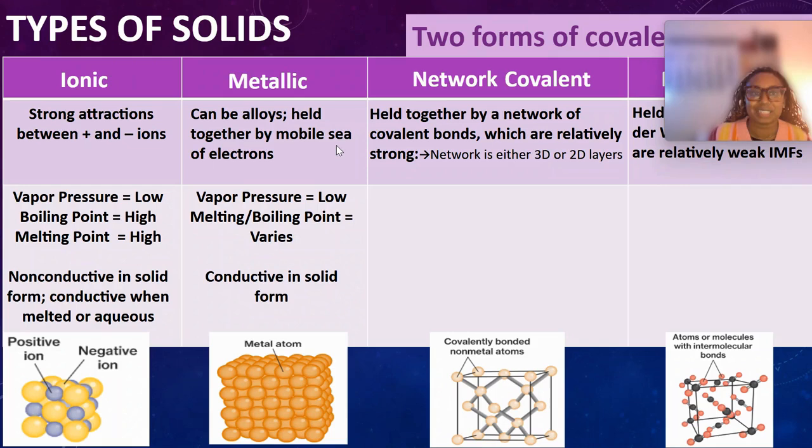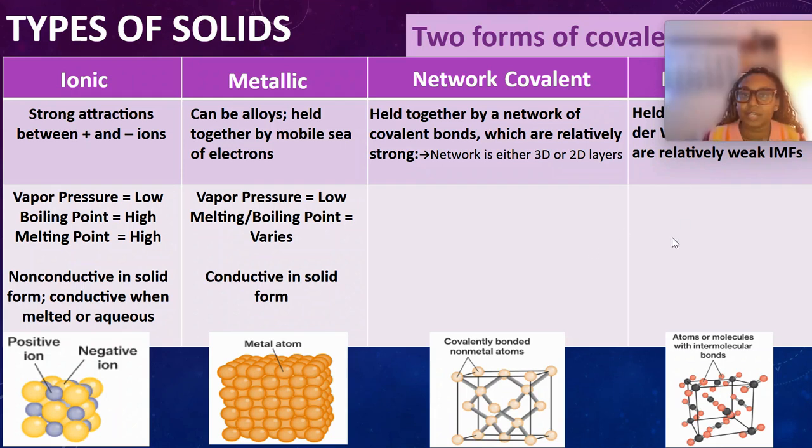All right, so metallic solids can be alloys held together by a mobile sea of electrons. The vapor pressure is going to be low. Again, they're usually really hard. The melting point and boiling point can vary depending on the metal, so we're not going to just say they're all high, but it does take a lot to turn them into gases.